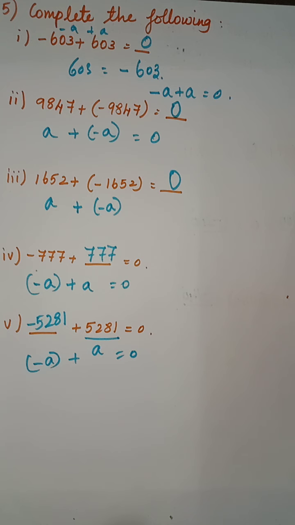The second sum, that is the fourth sum, was to find the missing values. In that session we studied the identity element and the inverse element. So we have to apply the identity element there. The identity element of addition is 0. So by using that 0 we did the sums.